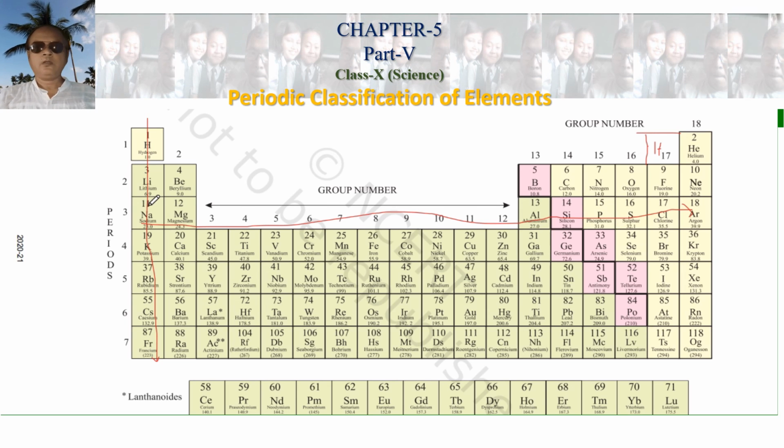So metallic property decreases when we go from left to right in a period, and non-metallic property increases. If you go down the group, metallic property increases but non-metallic property decreases.